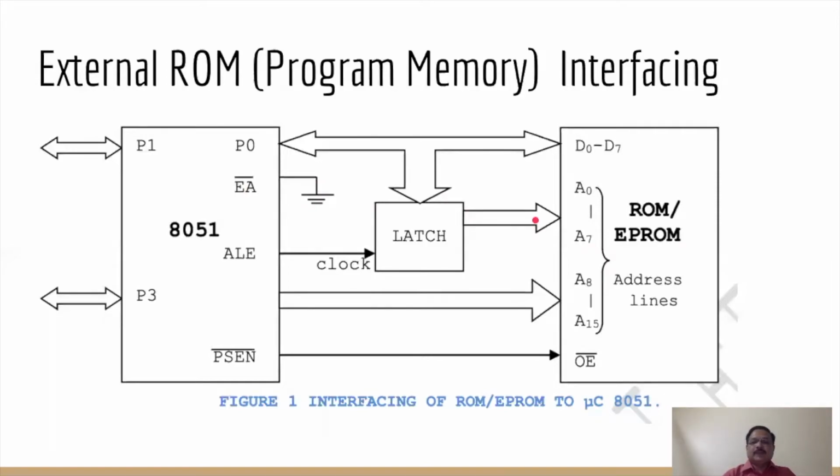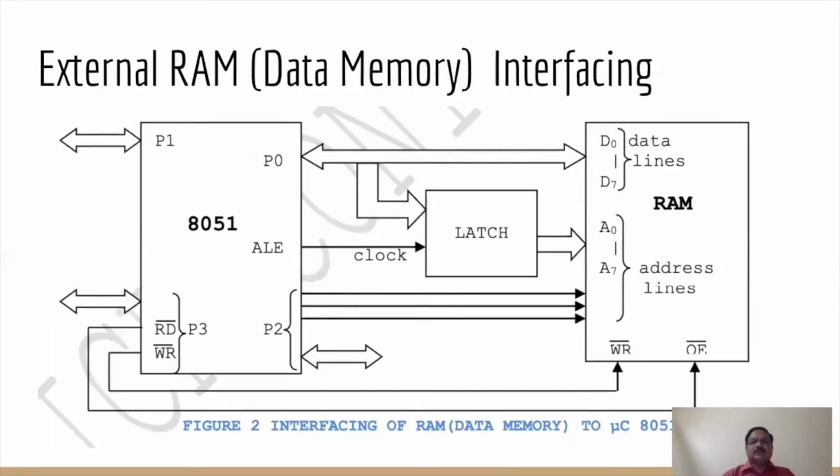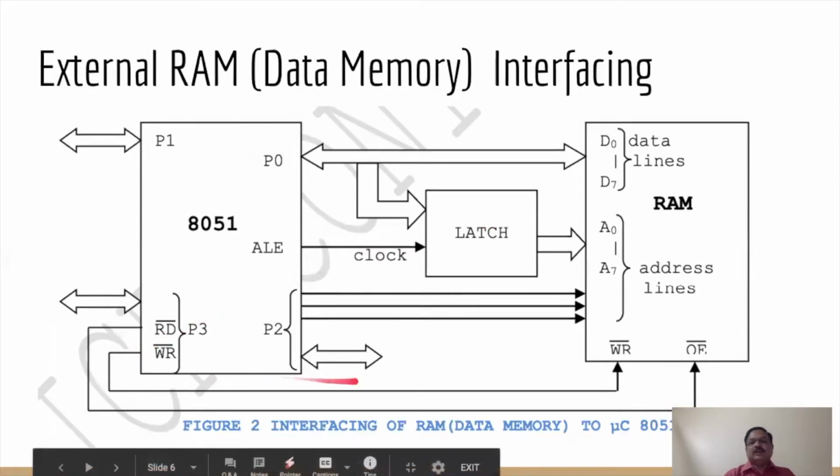Similarly, we can interface the RAM. Next, you can see the general interfacing for the data memory, the RAM, the read-write memory. Since it is a read-write memory, you can find here the read and write signals from port 3 going to the write enable and output enable of the RAM.